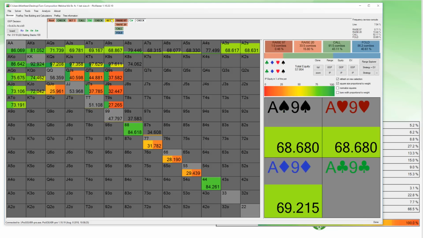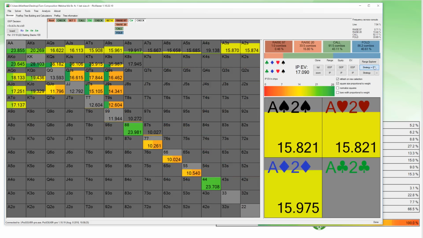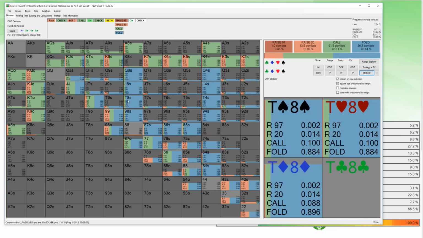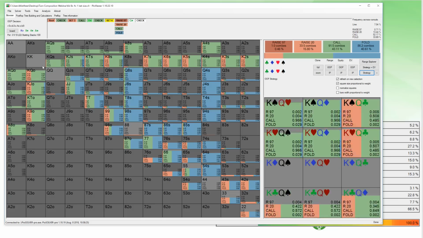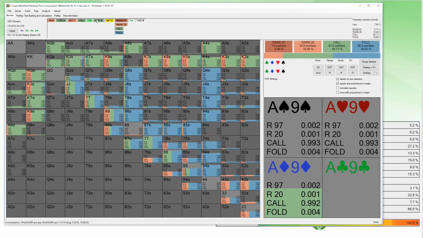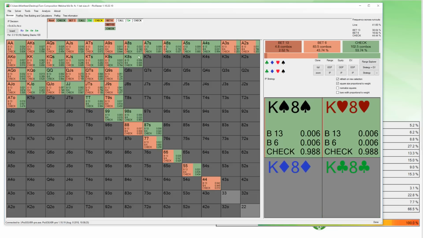So when we bet, he's getting value from king 8, but I think it's concerned about him folding all his 8s and only calling with a king. So he's blocking some of his calling range, I guess. Sometimes it's hard to understand why Pio is doing some of this stuff.